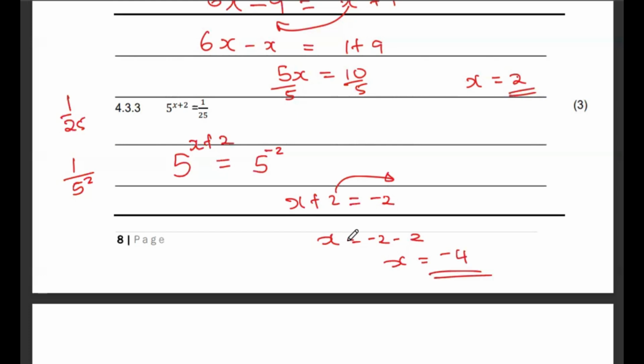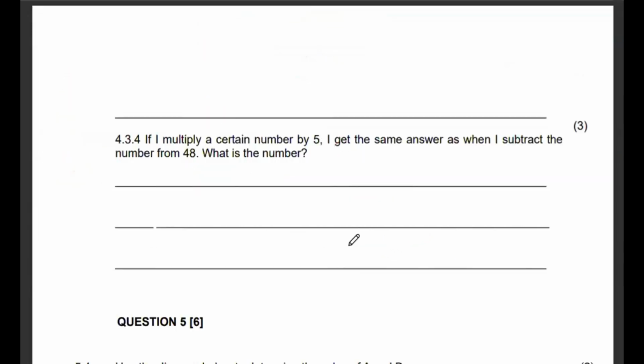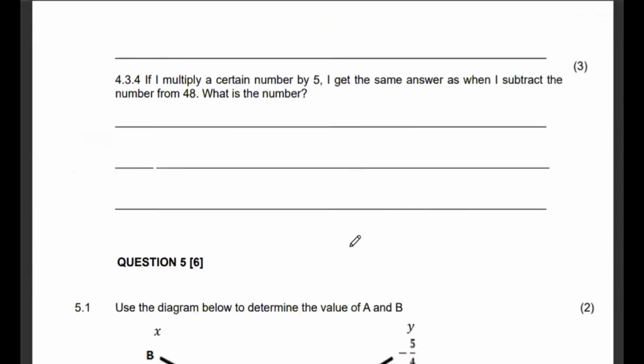All right. So we move on to 4.3.4. If I multiply a certain number by 5, okay, let the number be y. So if I multiply a certain number by 5, it's going to be 5y, and you get the same answer as when I subtract the number from 48.